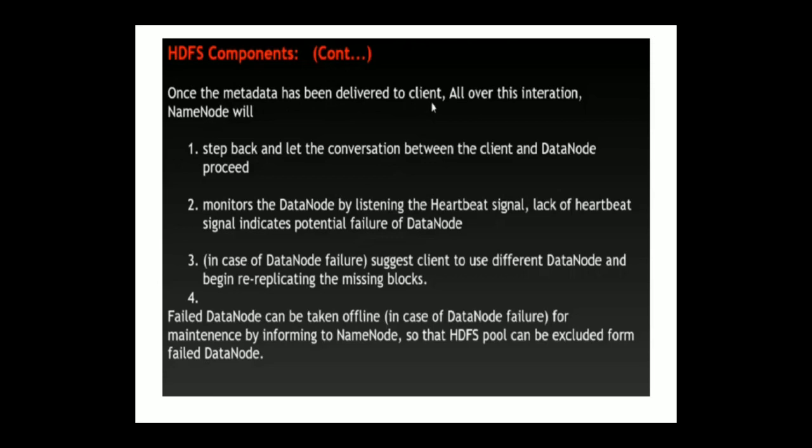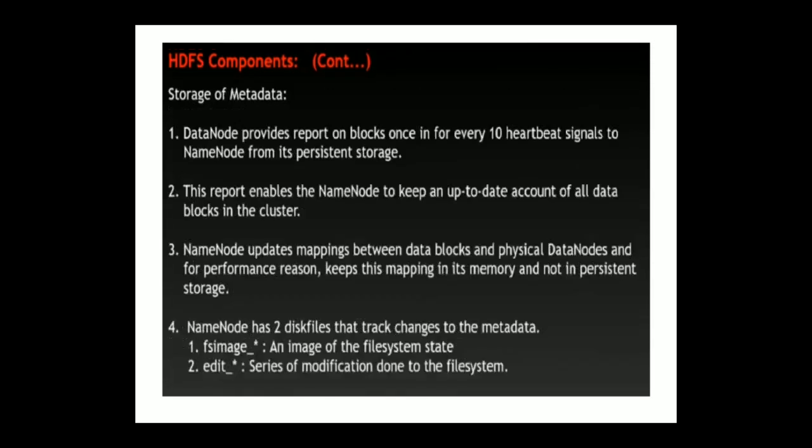Data is redundantly stored on data nodes. There is no data on name node. Secondary name node performs only the checkpoints of name node file, but it is not a failover node. So these are the basic things where we have seen the storage of metadata, how it works.